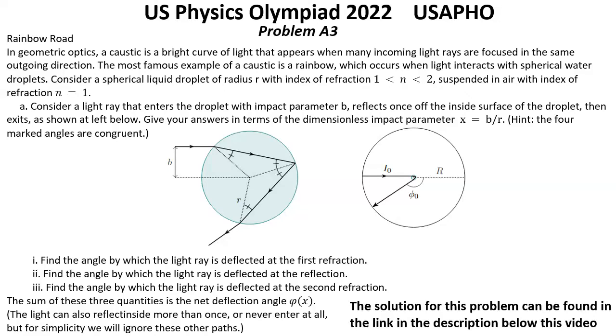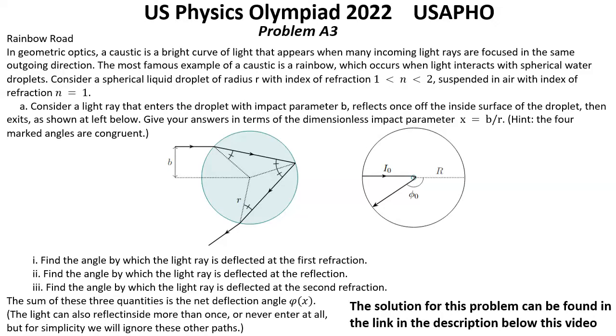First, find the angle by which the light ray is deflected at the first refraction. Second, find the angle by which the light ray is deflected at the reflection. Third, find the angle by which the light ray is deflected at the second refraction.